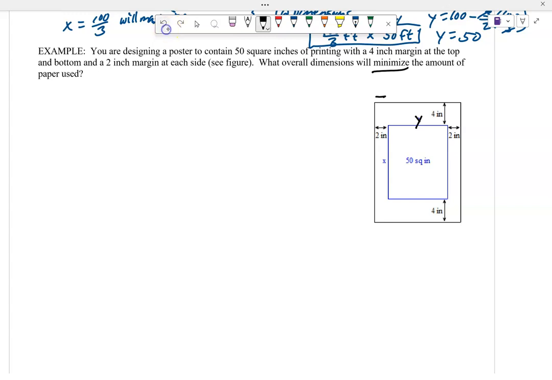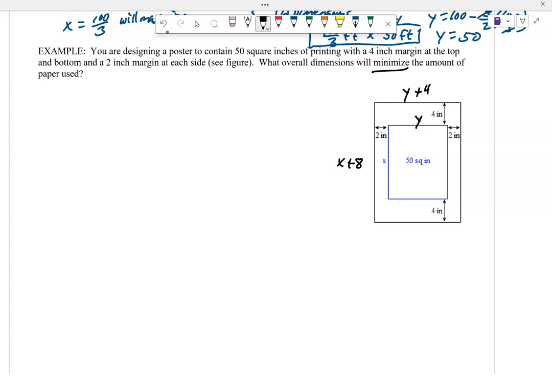So that top would be y plus 4. And then down here I'd have 4 from there to there, and then I have x, and then I got 4 more inches right there. So that whole side length would be x plus 8. And we're trying to minimize the amount of paper used.